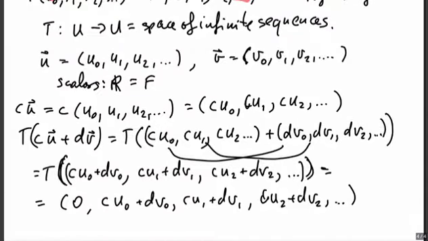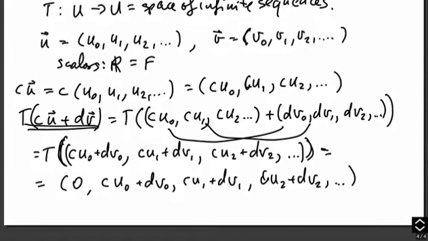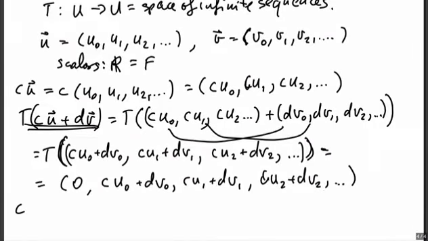Well, I think it's hard in this case to go backward and get immediately that this is c times Tu plus d times Tv. It's complicated enough that it's better to start with the right-hand side and calculate it and then compare the two together.